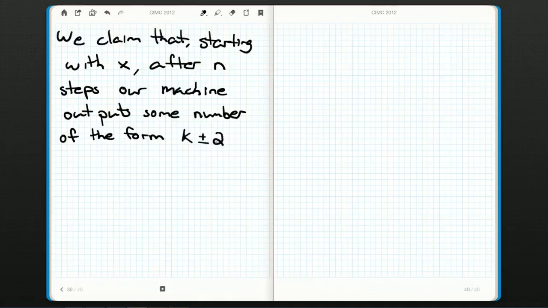Okay, so does the first one count? After we apply the machine one time, yeah, there we go. Some number of the form k plus or minus 2 to the n times x.